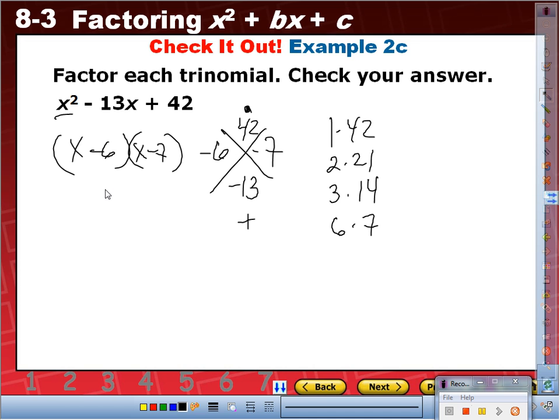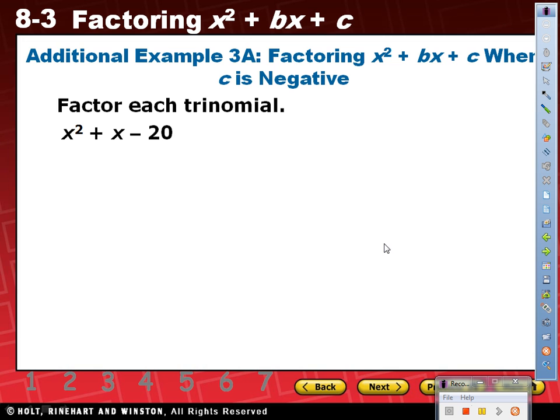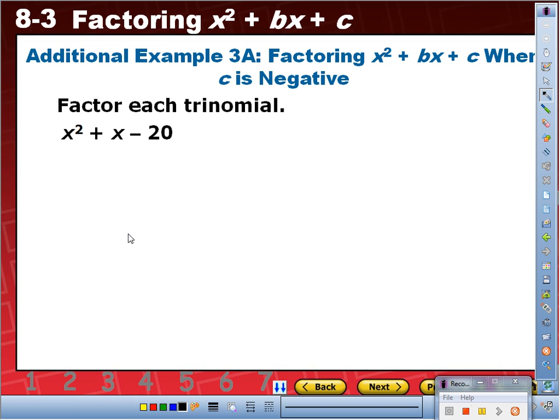Hold on. We got one more example to go, and then we're done. Here we go. Factors. Copy this one, example 3A. Let's do this one together. Here it goes. X squared plus x minus 20. So, it doesn't have GCF, open two parentheses, factor the first term.